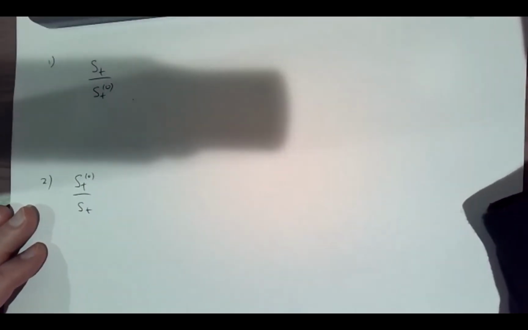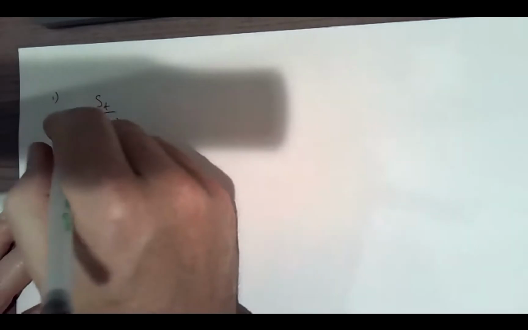And in the other question, you're looking at the opposite. In the first one, you want this to be a martingale, and in the other one, you want this to be a martingale. What I propose to do is to compute the dynamics of both of these. This is going to be an Ito's lemma calculation.